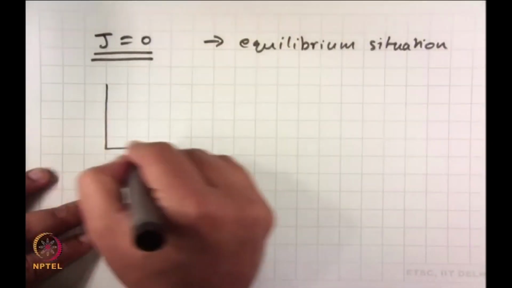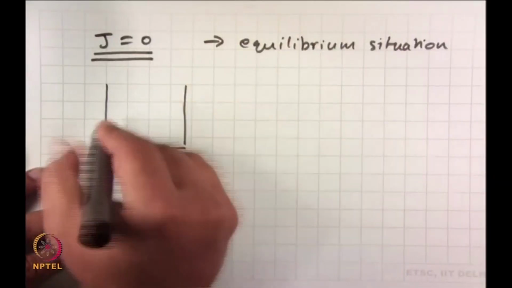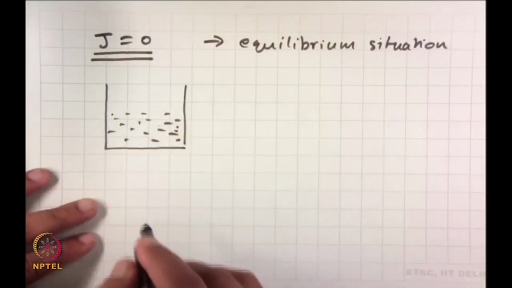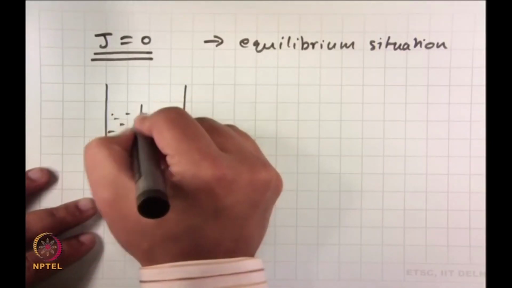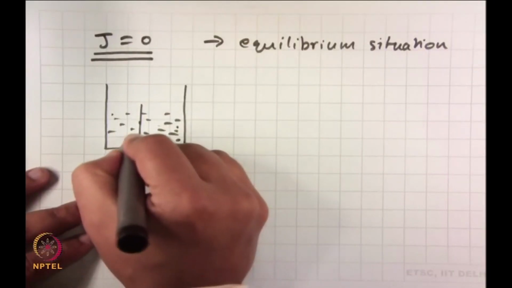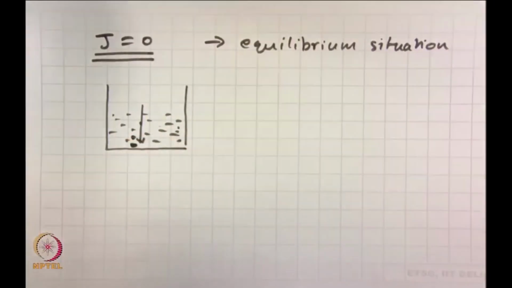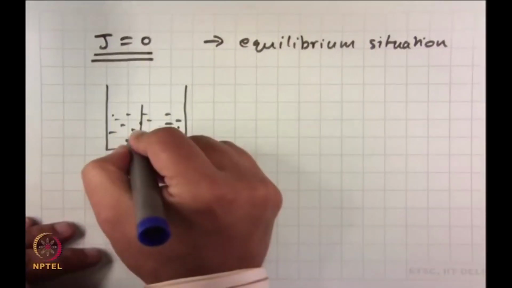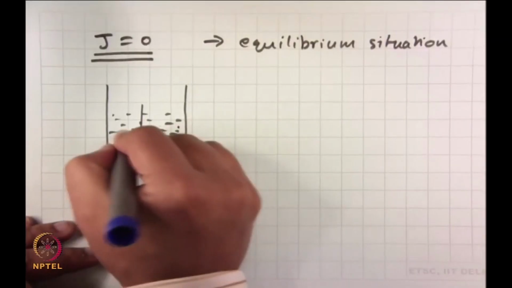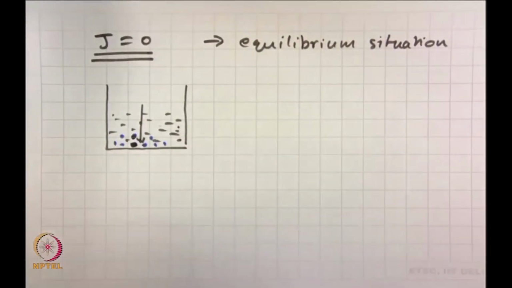I have a beaker, say I have a solvent, water, and I put in a particle or multiple particles. Let me use a different color for the particles. So, the blue ones are the particles for you. These settle down at the bottom of the beaker.